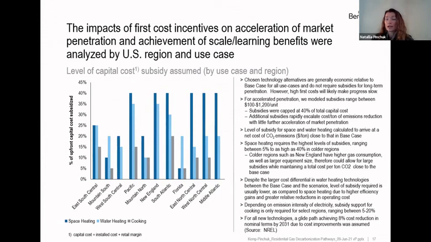If we go to the next page, we also played around with incentives. We assumed residents will be rational in their decisions, which means they always go for the cheaper choice. So the way we offset the capital cost is basically adding more incentives.